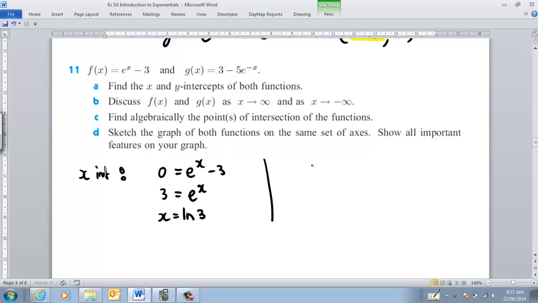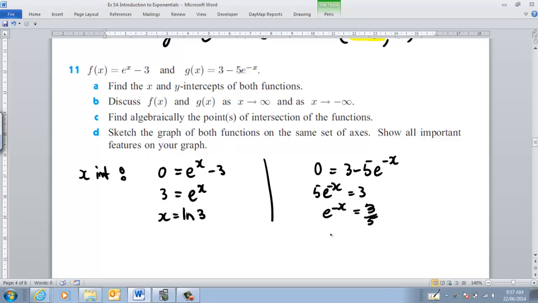My g function, I'm going to get 0 is equal to 3 take 5 e to the minus x. So therefore 5 e to the minus x equals 3, so e to the minus x equals 3 on 5. Now I'm going to take the ln to both sides.